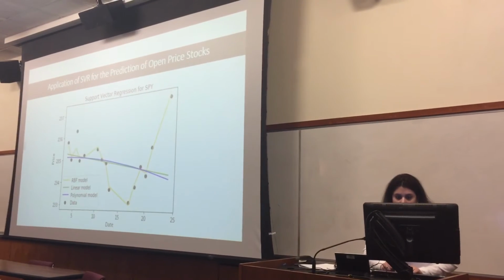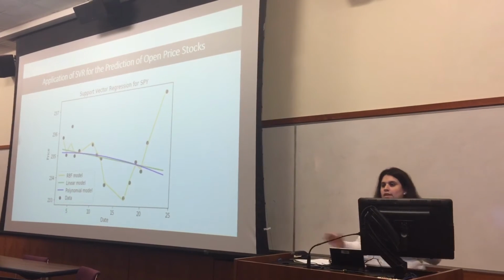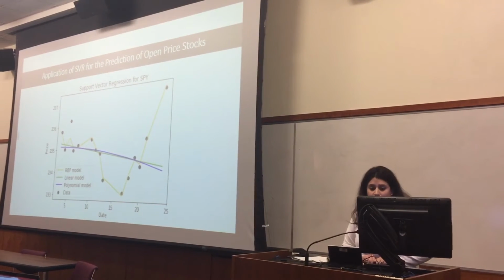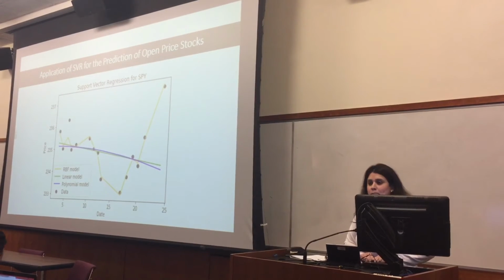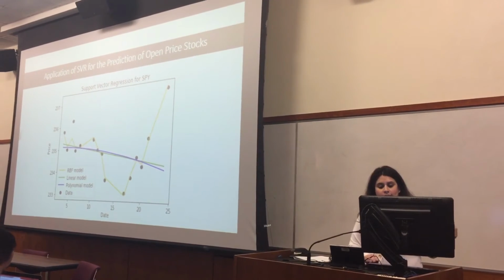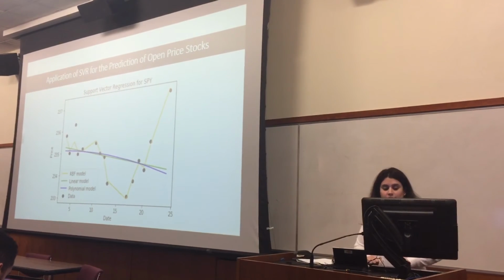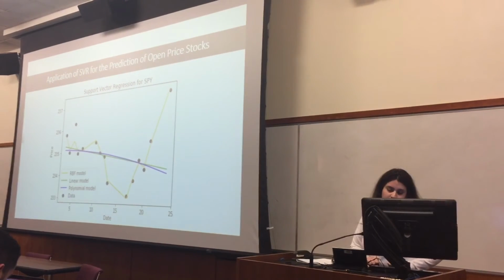So what we did for our project is we created a smaller version of a stock price predictor. We did it for SPY, and we used historical data for the stock for the month of April. We did it with the RBF model, the linear model and the polynomial model.